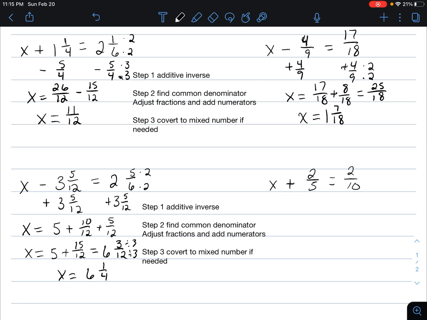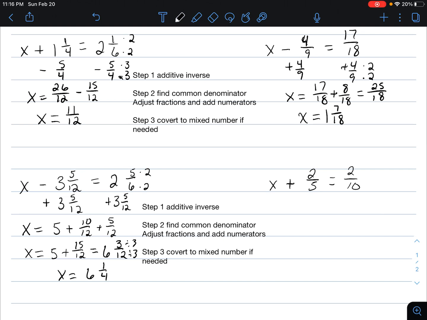Okay, so that one, because we were adding mixed numbers, you can add the whole numbers, then add the fractions. When you're subtracting, you need to convert to improper fraction. Just to make it easiest, and we don't forget to subtract from the whole numbers.